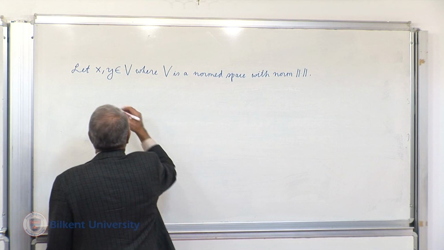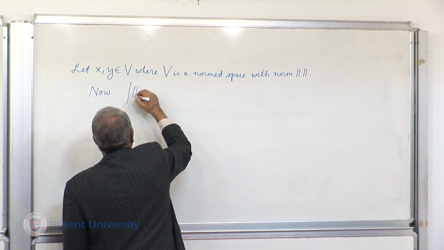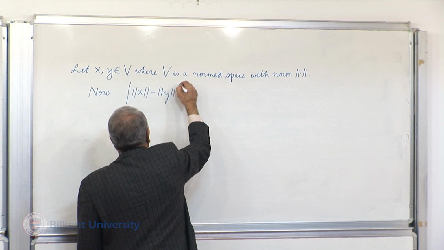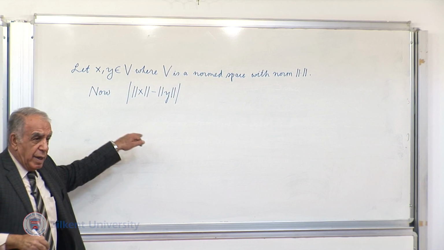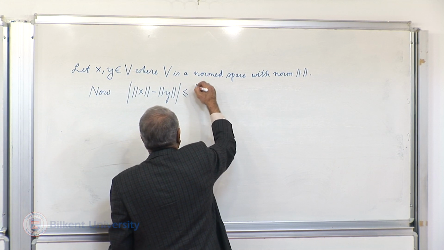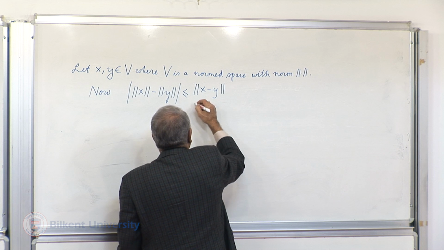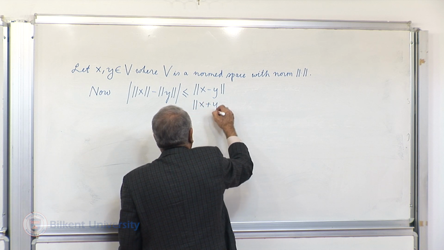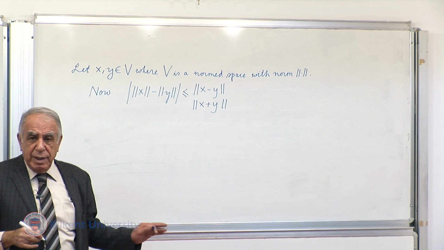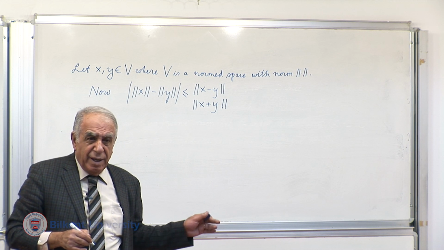Now, if you take the individual norms of x and y and take the absolute value of the difference, that will be less than or equal to the norm of x minus y, and also less than or equal to the norm of x plus y. Have you gone through the proof of this in the exercises? Or shall we do it quickly? Now let's do it quickly.